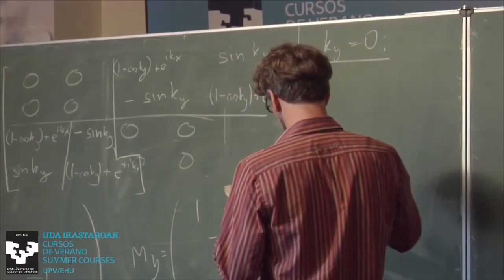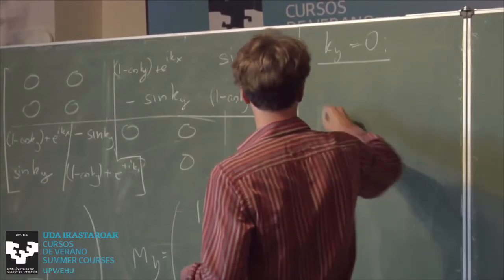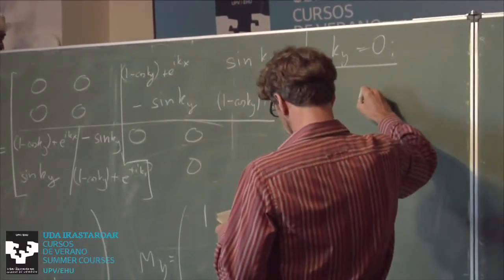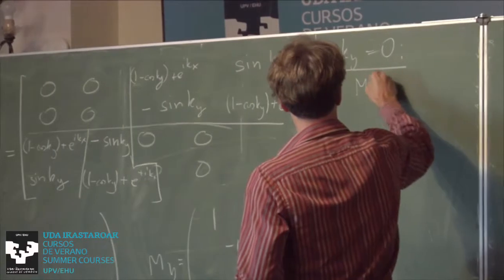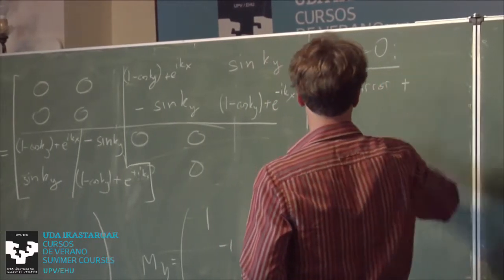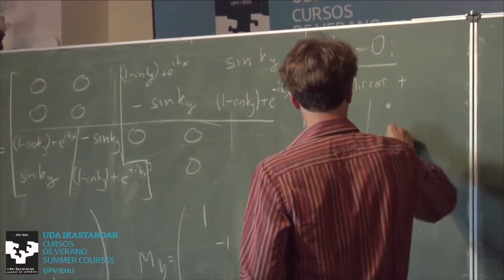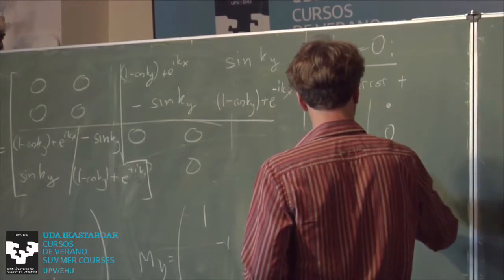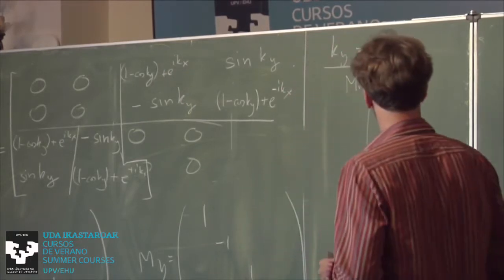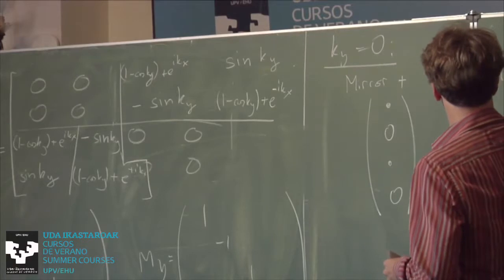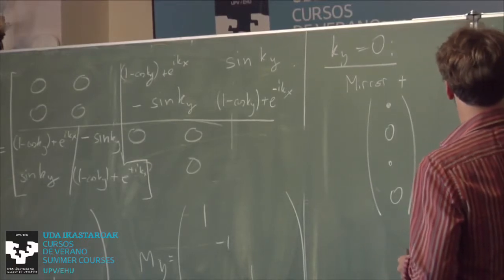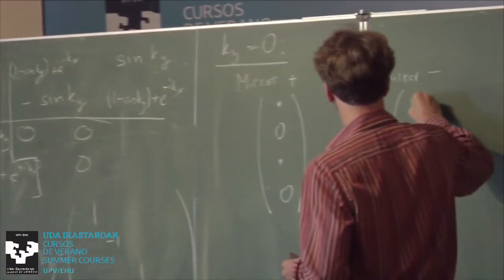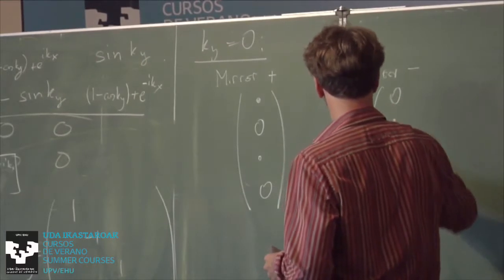So more precisely, if you look at ky equal to 0, you'll see that in the mirror plus subspace, which is wave functions of this form, and then there's a mirror minus subspace, which are wave functions of this form.